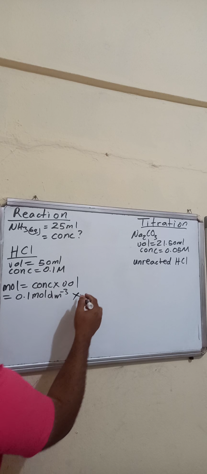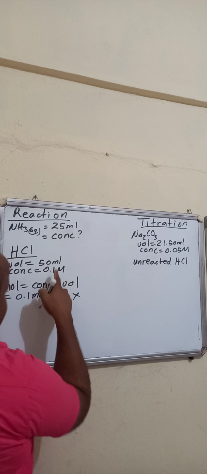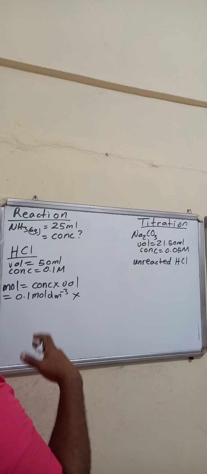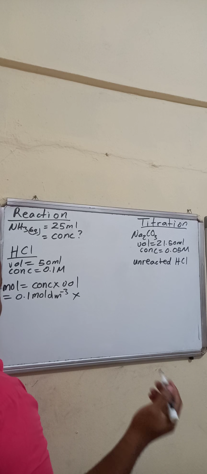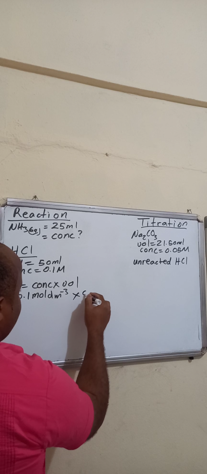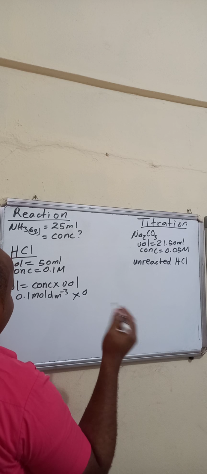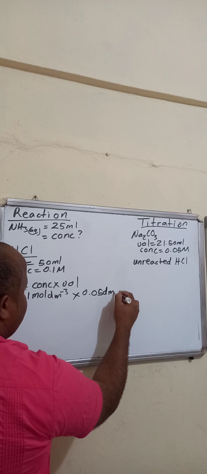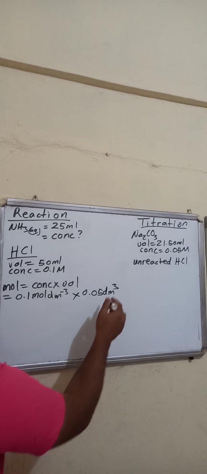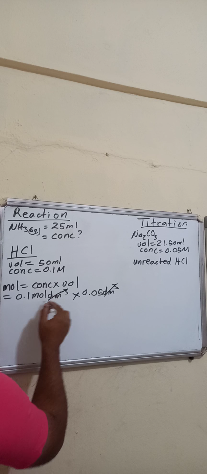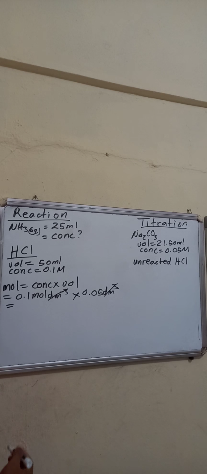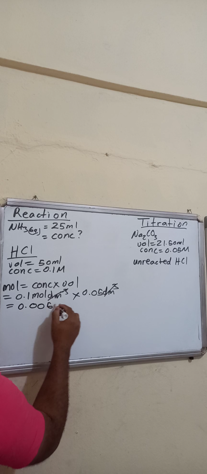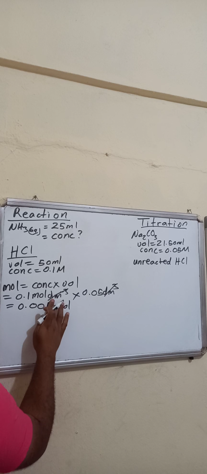The volume in dm³, milliliter is the same as cm³, and we know that 1 dm³ is 1,000 cm³, so this would be 0.05 dm³. So the number of moles of HCl is 0.005 moles.